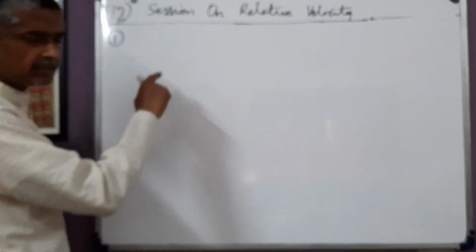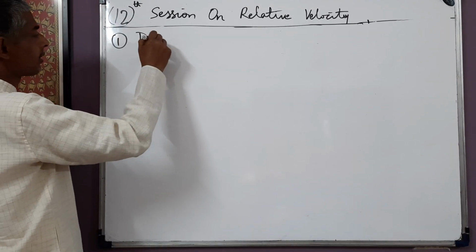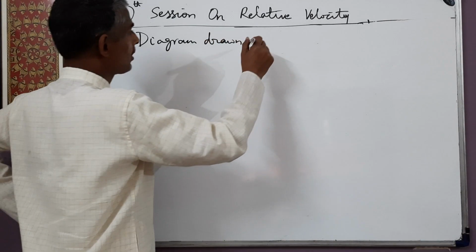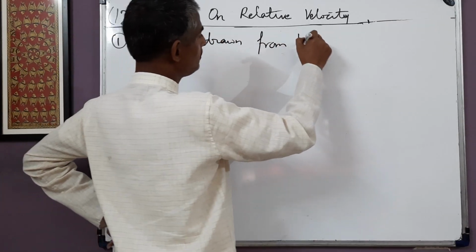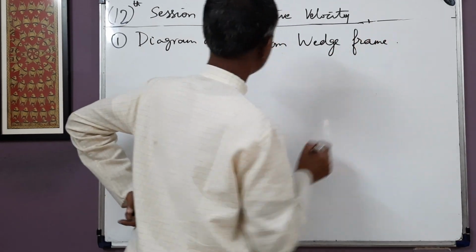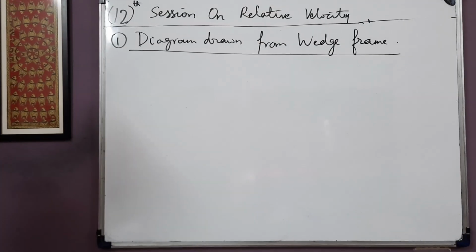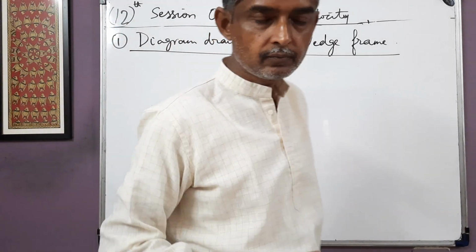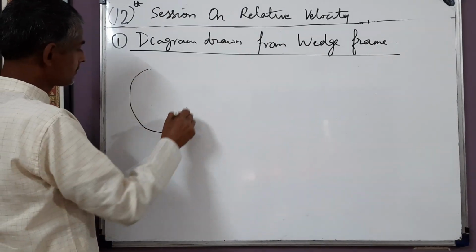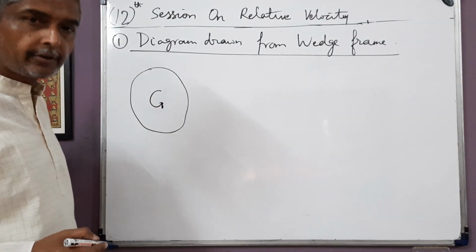The same problem we'll discuss, but the diagram will be drawn from the wedge frame. Okay. So this is the ground frame.